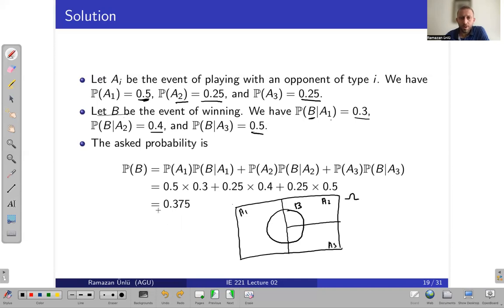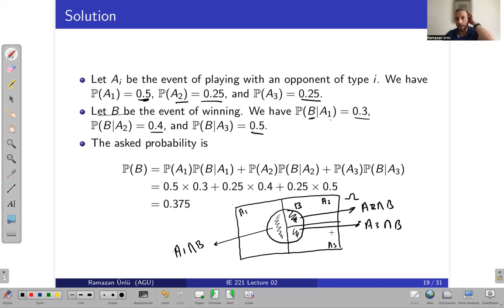So let's forget about all this multiplication, and just try to understand the logic. Let's say this part. What is this part? This is A1 intersect B, right? And this part is A2 intersect B, and this part is A3 intersect B, right?